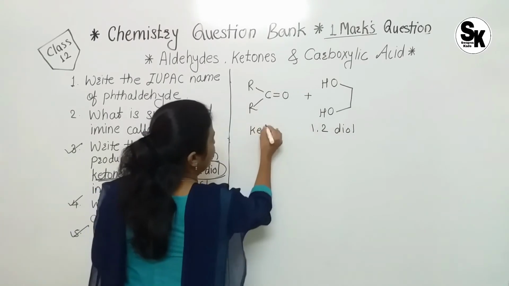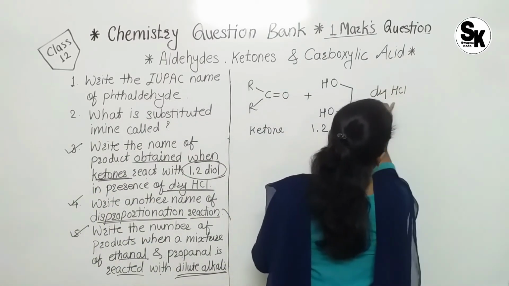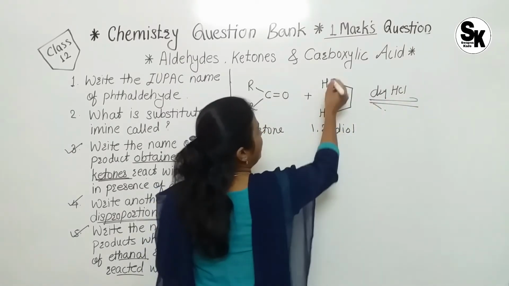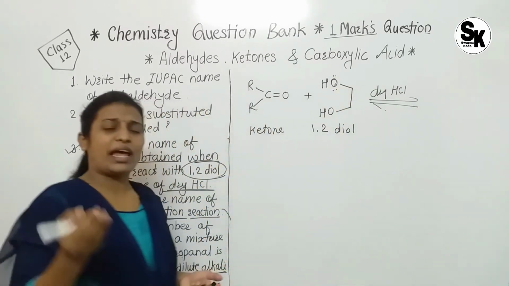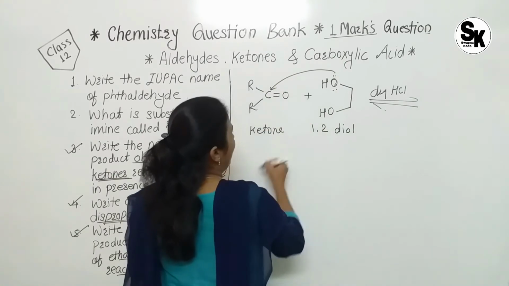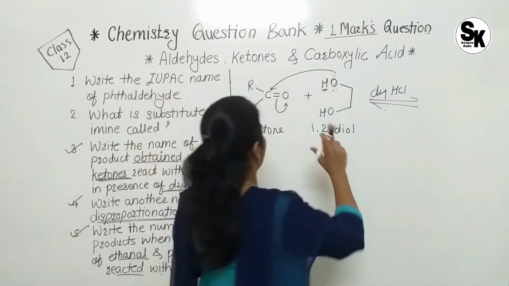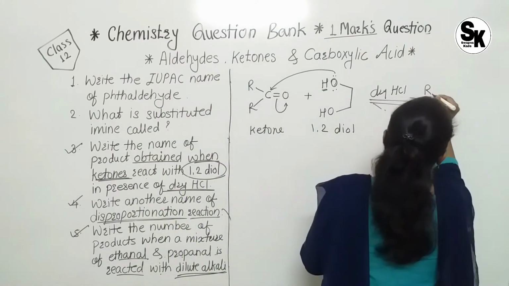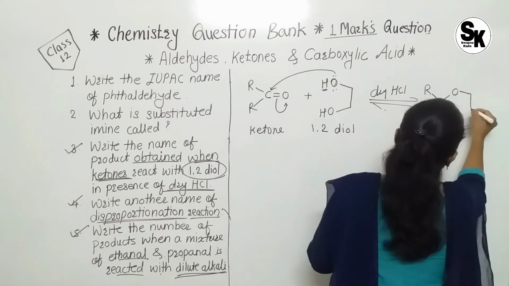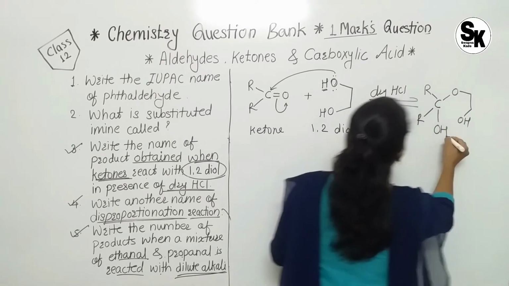This is the ketone. Now what will be the reaction in presence of dry HCl? See here, the oxygen from the 1,2-diol has a lone pair, so we can say that it acts as a nucleophile. It will attack on this carbonyl carbon, and that hydrogen will get attached to that oxygen. So now see here R, C, R. One O is attached, CH2, CH2, OH will be as it is, and here OH is there.